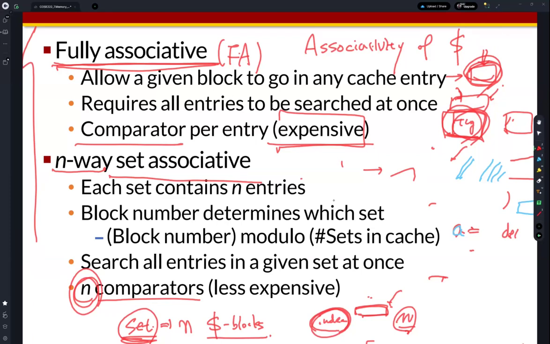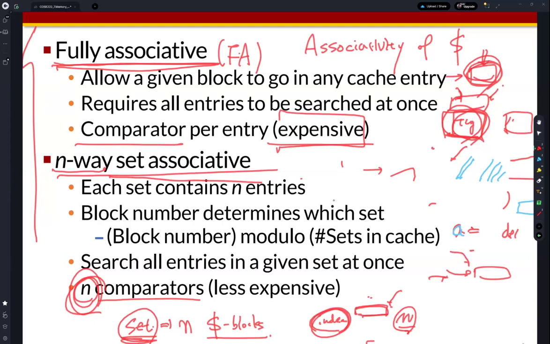But the performance can be lower than the fully associative cache, right? Because it's restricted: a single set can include up to n cache blocks. The performance of the n-way set associative cache is higher than the direct mapped cache, because in the direct mapped cache, in a single set, we can store just one block.